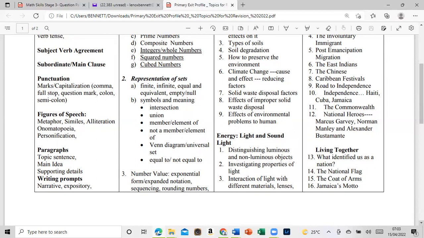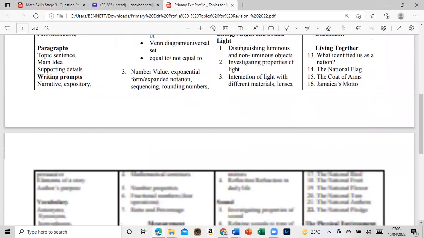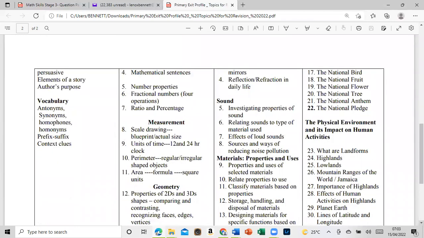Sequencing, a very important aspect. So they must be able to identify the next number in the sequence based on a set of numbers given, rounding numbers, whether by tens, hundreds, thousands, and so forth. Right? So they must know how to round off, the rule. Right? Let's move on to 4, and that's mathematical sentences.